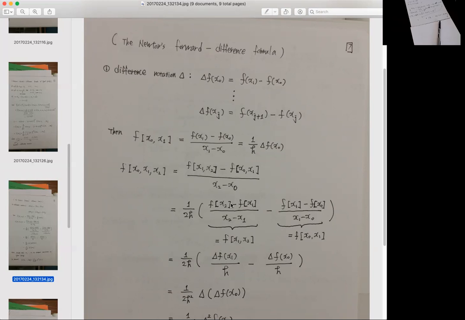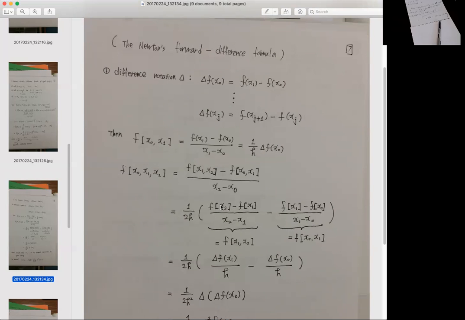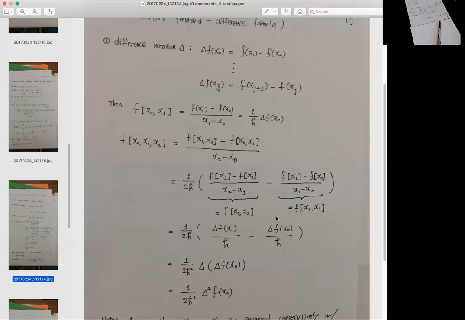Because the divided difference of f at x2 is nothing but f of x2, and the divided difference of f at x1 is f of x1. So here that numerator is f of x2 minus f of x1. Using the difference notation nabla, this is nabla f of x1, and similarly this one is nabla f of x0.